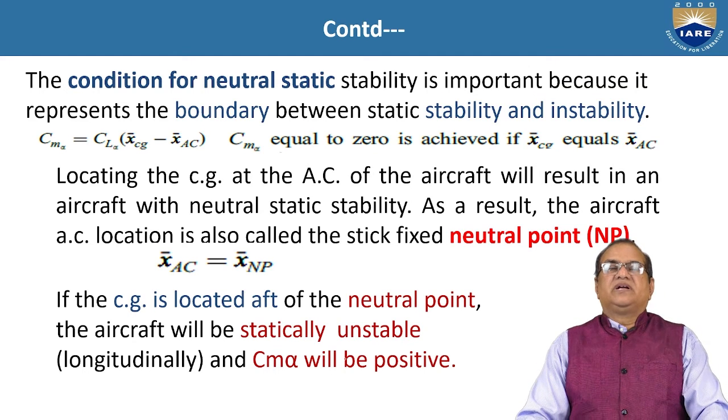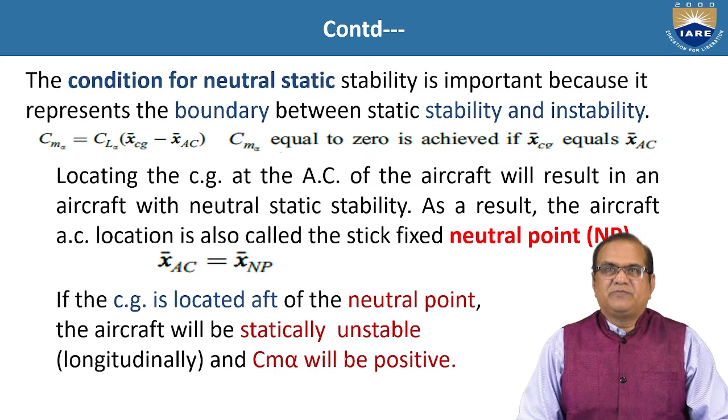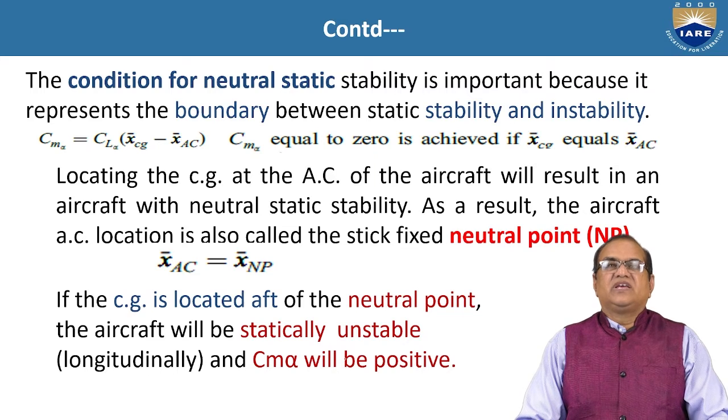Now, the condition for neutral static stability is important because it represents the boundary between static stability and instability. If you see the equation, Cm alpha is equal to Cl alpha times (x bar Cg minus x bar Ac). Here Cm alpha equal to 0 is achieved if xCg equals xAc.